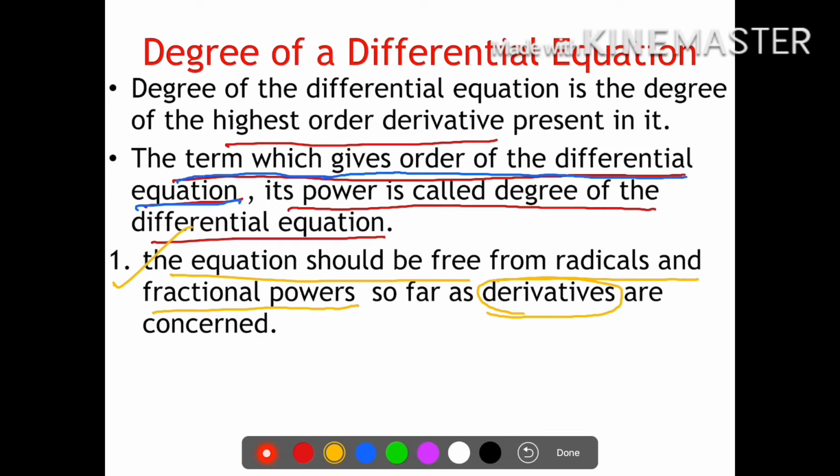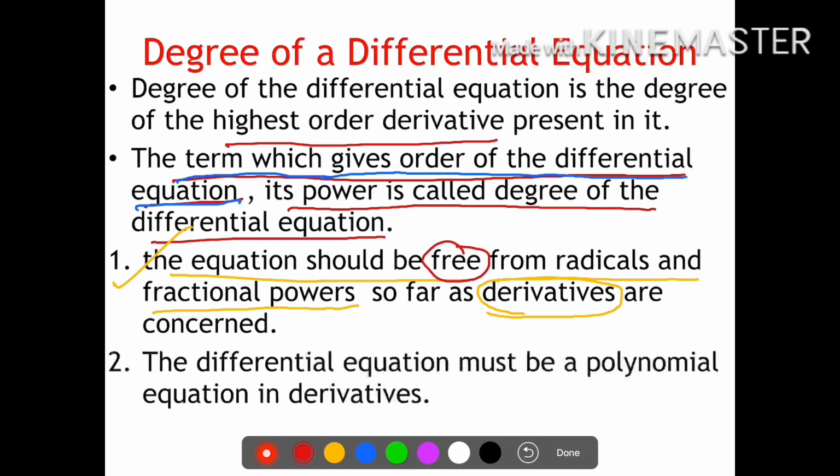Before finding the degree of a differential equation, we should ensure that the equation is free from radical signs and fractional powers so far as derivatives are concerned. And second, the differential equation must be a polynomial equation in derivatives. This is also another important property. So while finding the degree of a differential equation, we have to consider these 2 points.